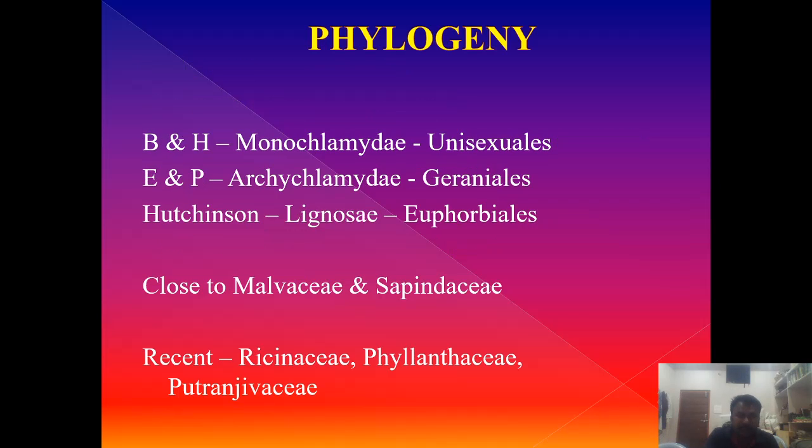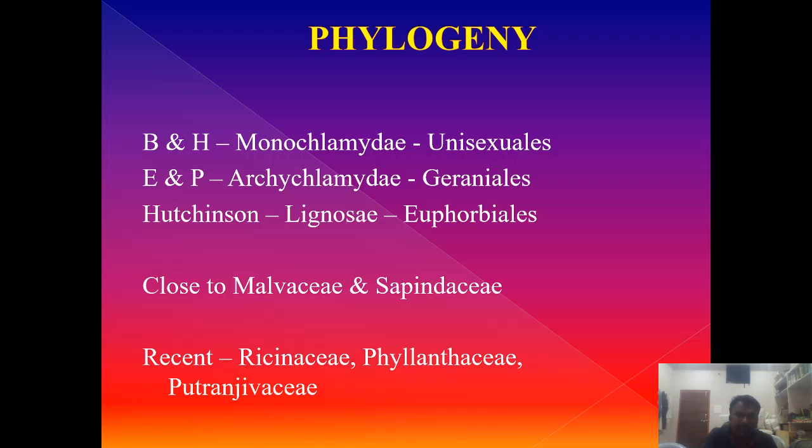The phylogeny. Bentham and Hooker kept this family in Monochlamydeae, unisexual series. Engler and Prantl kept this in Archichlamydeae and the order Geraniales. Hutchinson placed it in Lignosae and Euphorbiales as a separate order.